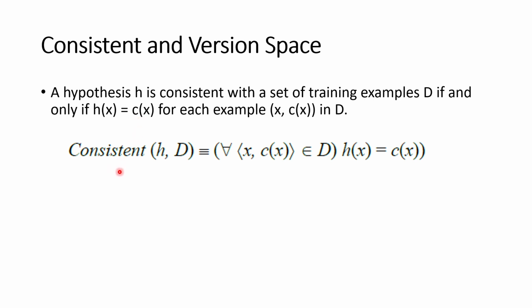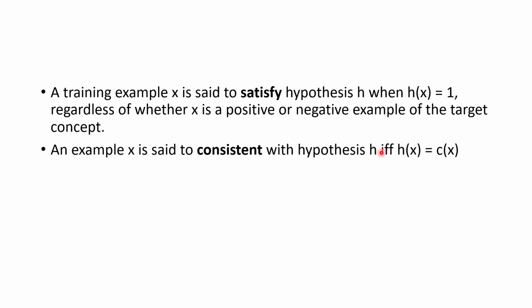That is mathematically represented like this: h is consistent with D if h(x) = c(x) for all x, c(x) in D. A training example x is said to satisfy hypothesis h when h(x) equals 1, regardless of whether x is a positive or a negative example of the target concept. So x is said to be consistent with the hypothesis if and only if h(x) equals c(x).